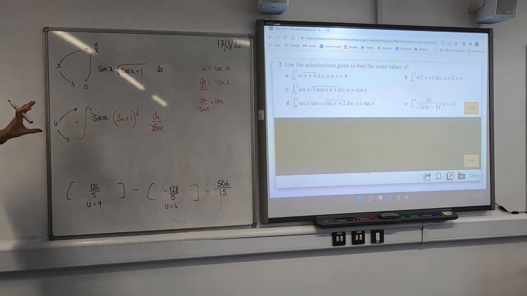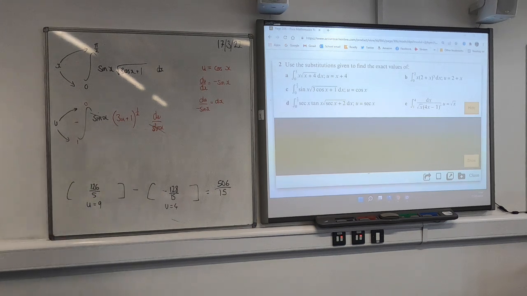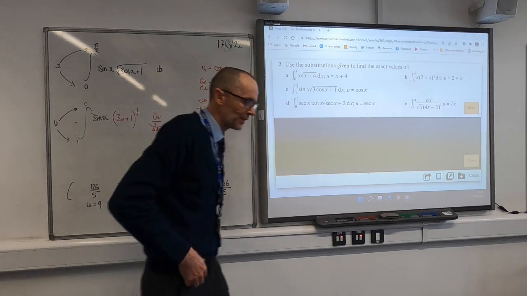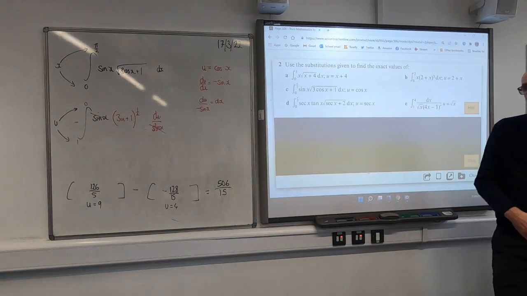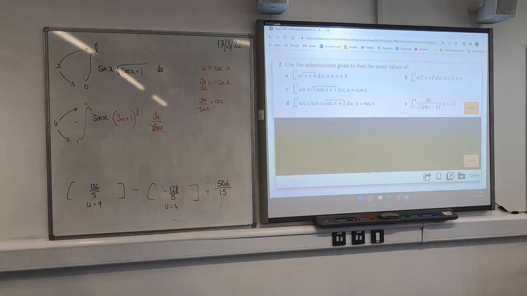But it's what happens here that I find interesting, because you should have found that those values became 1 and 0. Now, when we integrate, we're normally integrating from small number to big number, because we're saying, what's the area under a graph from this x value up to this x value? Because we've done this substitution, we've got a bigger number at the bottom. How do we deal with that?